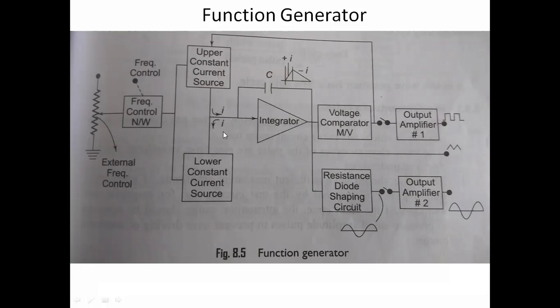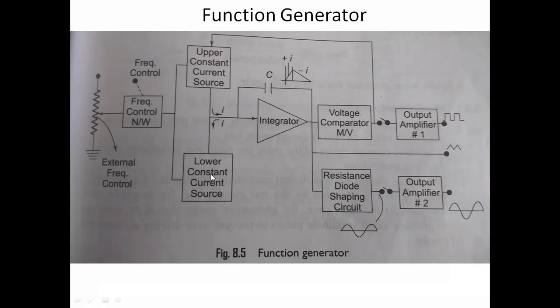By that switching mechanism, whenever the positive slope of the output voltage of the integrator reaches a predetermined maximum value, the voltage comparator multivibrator will produce a pulse signal, an output signal. That output signal disconnects the upper constant current source and connects the lower constant current source to the integrator.